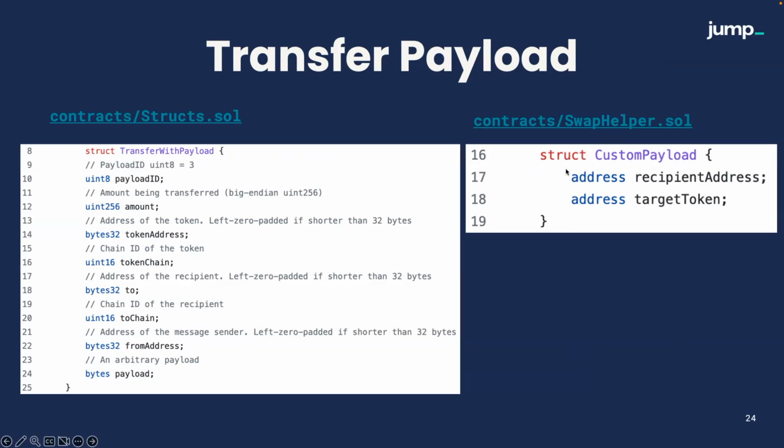For the cross-chain deposits example that I put together, my arbitrary payload would be decoded into a recipient address and target token. So I would receive the Wormhole wrapped tokens, swap to the target token, and then send to the recipient address.